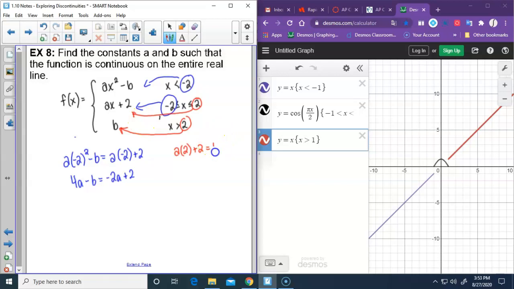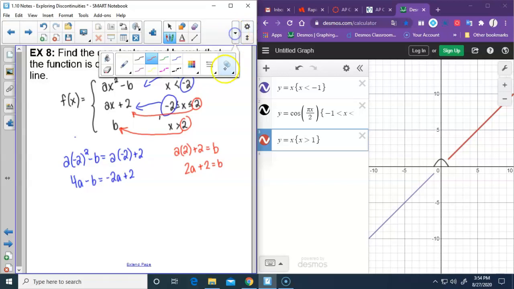There's no x here, so it'll just be b. This gives me 2a plus 2 equals b. Now, that equation also has an a and a b in it, so I'm kind of stuck. Don't have really anywhere to go on that problem alone. But with both of these together, I can do a system of equations.